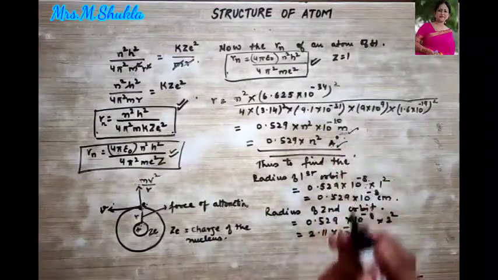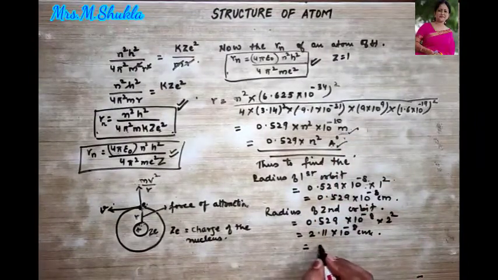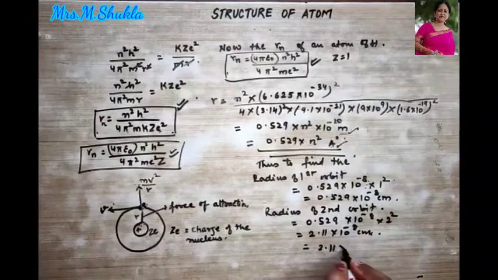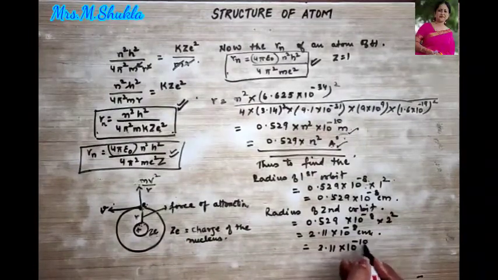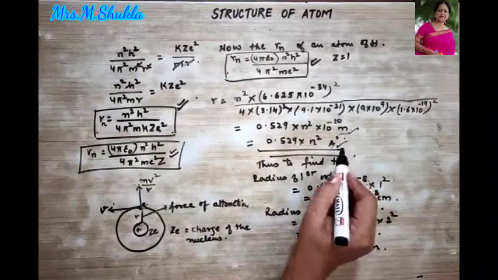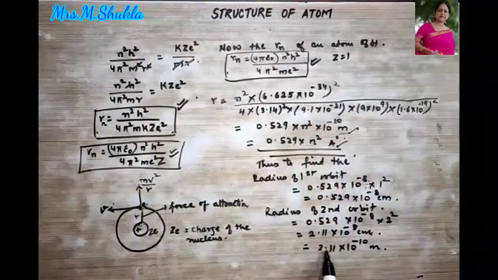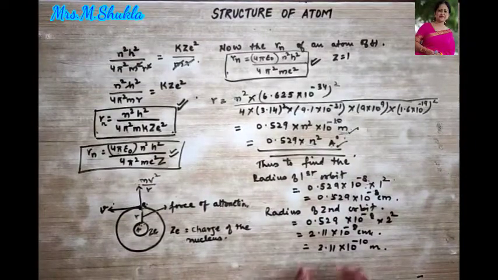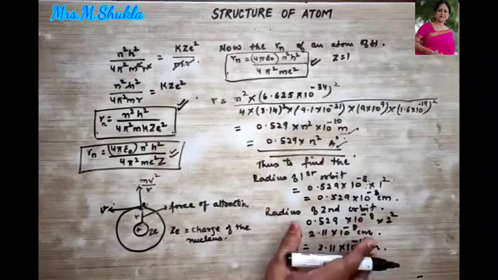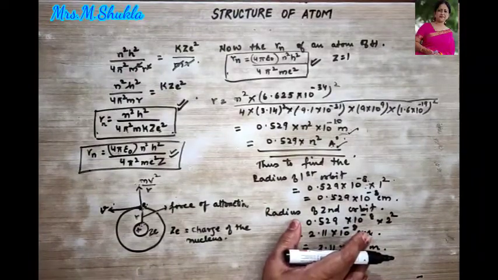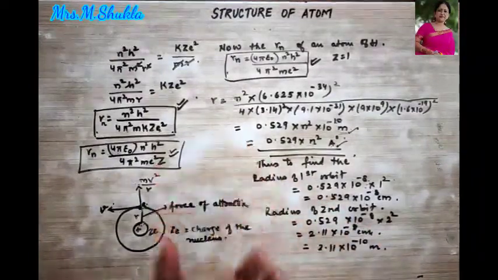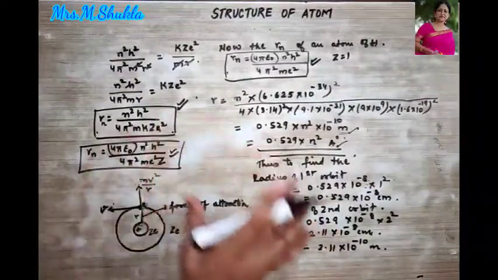If I have to show it in meters, then what will be my value? It will be 2.11 into 10 to the power minus 10 meters. And if it has to be in Angstrom, then it will be 2.11 Angstrom. So this is how the radius of the orbit can be calculated by Bohr's atomic theory.